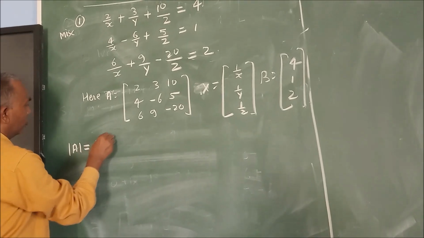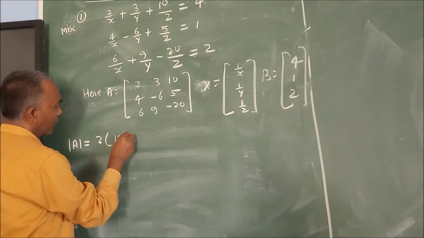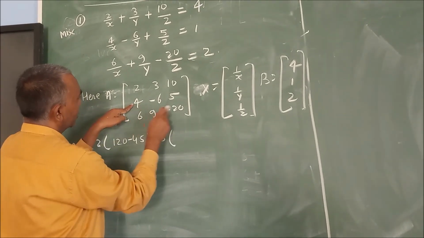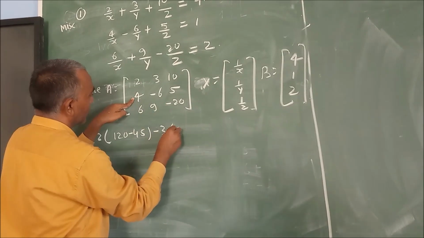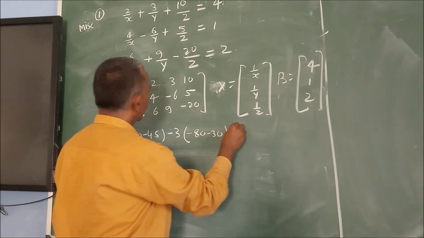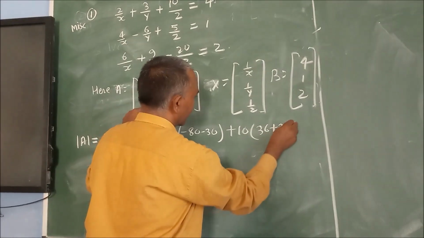Determinant of A is equal to 2 into 6 into 20, 120 minus 45. Minus 3 into 6 into 4 into minus 20, minus 80, minus 30, plus 10 into 9 into 4, 36, plus 36.